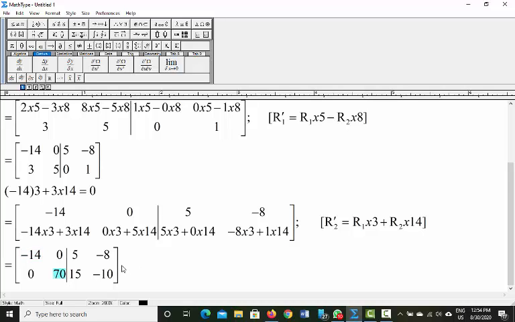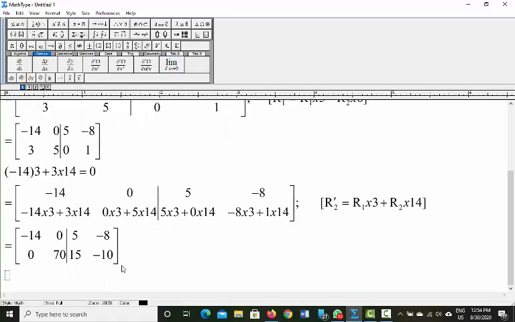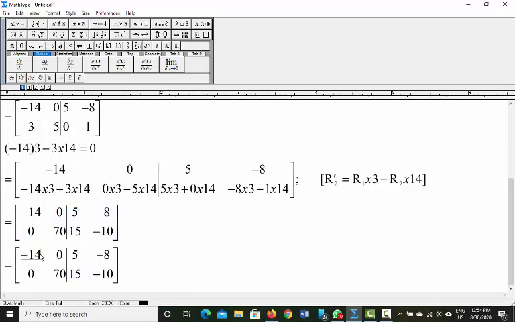So how do we do that? We need to convert this one to 1.